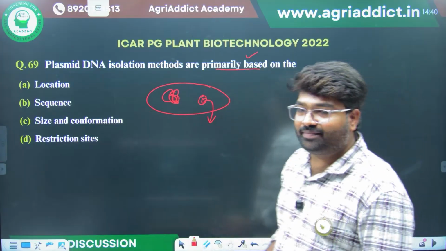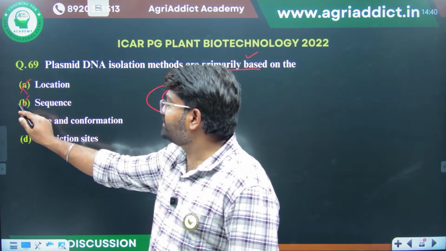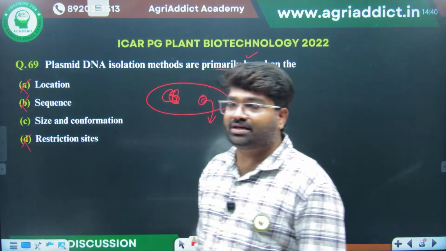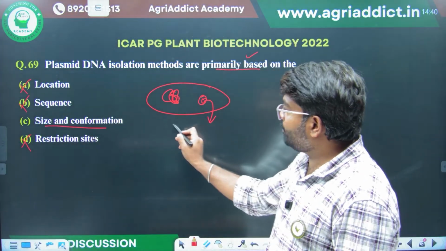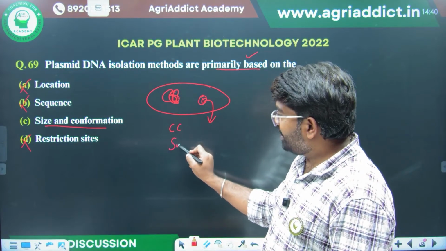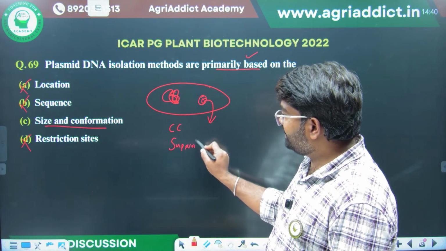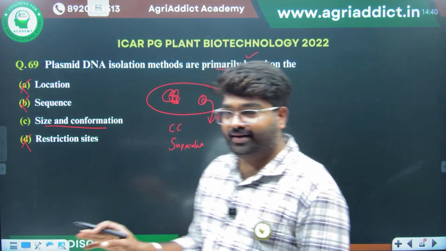It will be primarily based on what? This will not be based on location and sequence. Restriction site also will not come. Yes, this size and conformation only. Okay. Whether it is a covalently circular molecule or supercoiled molecule. Based on these things, we will separate the plasmid DNA from our genomic DNA. Okay, clear?